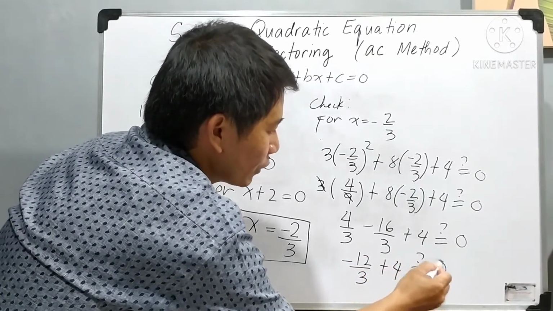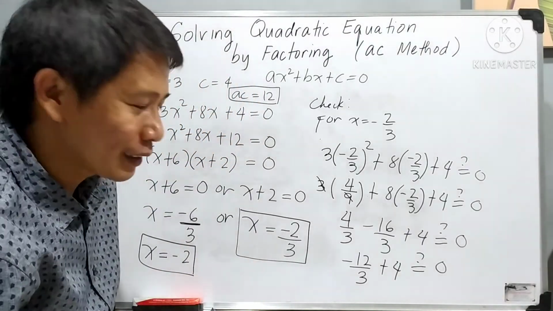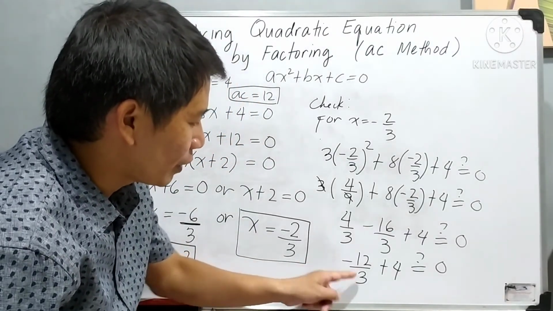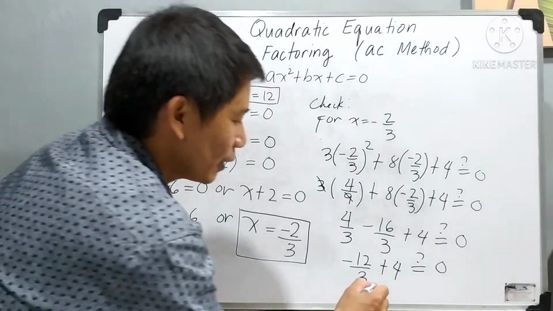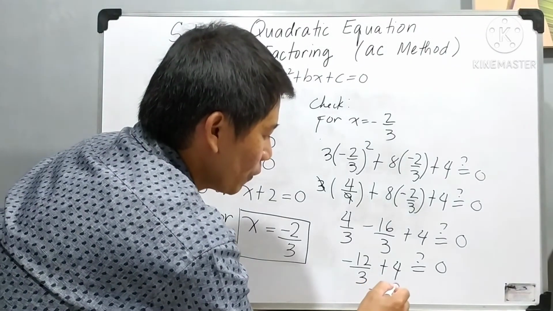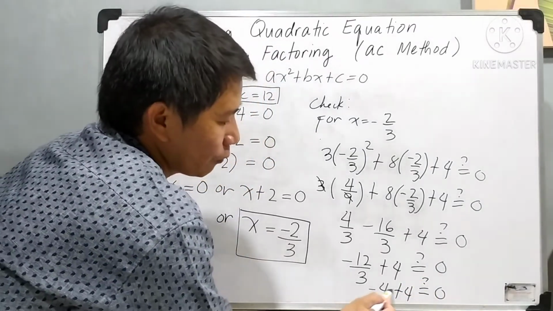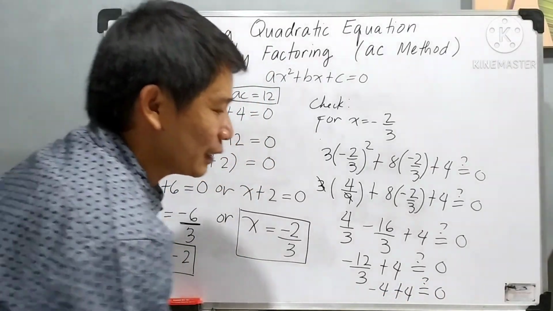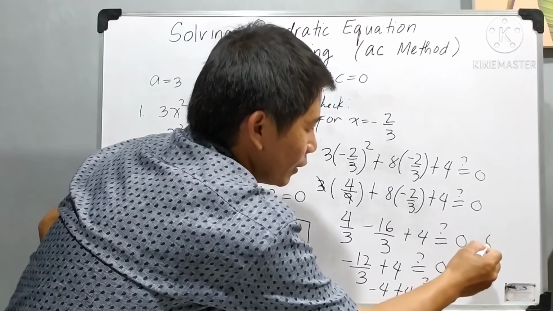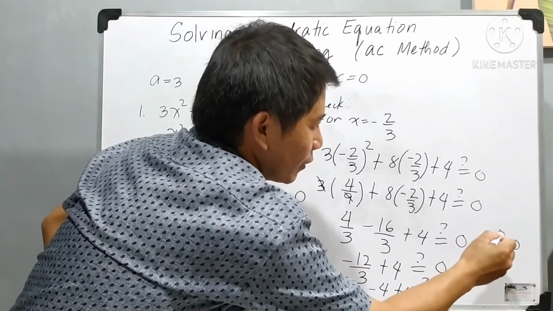Is that equal to 0? Question is, what is negative 12 divided by 3? That is negative 4 plus 4 is equal to 0. What is negative 4 plus 4? That is what? 0 equals 0.